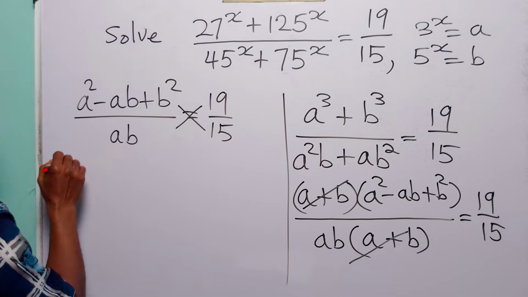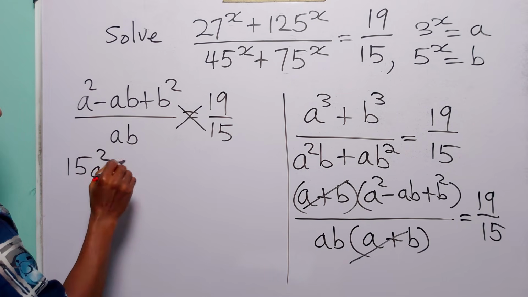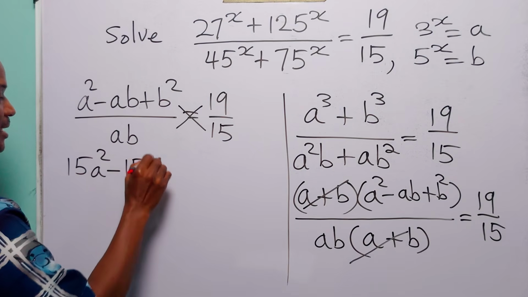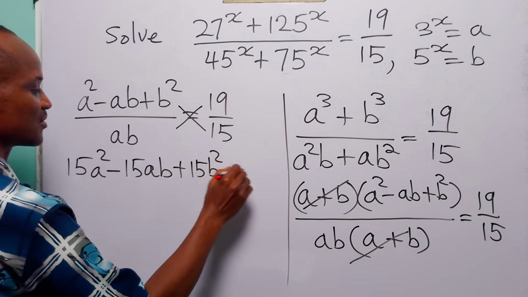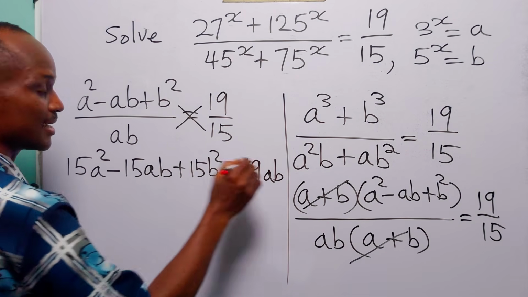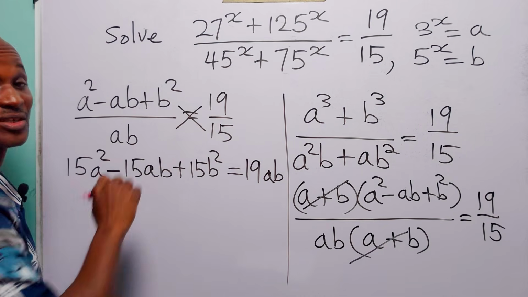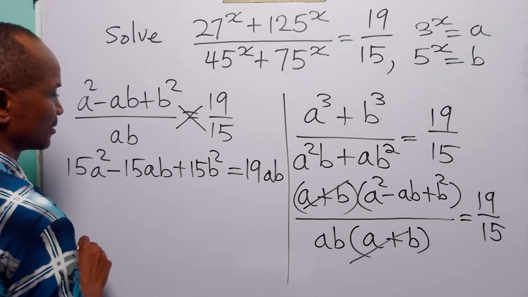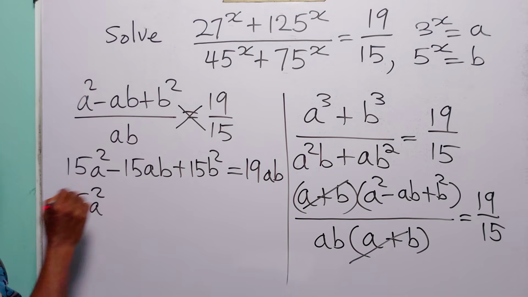When we do that, we have that 15a squared minus 15ab plus 15b squared is equal to 19ab. Now let us move 19ab over to the left-hand side of the equation. When we do that, we have 15a squared.